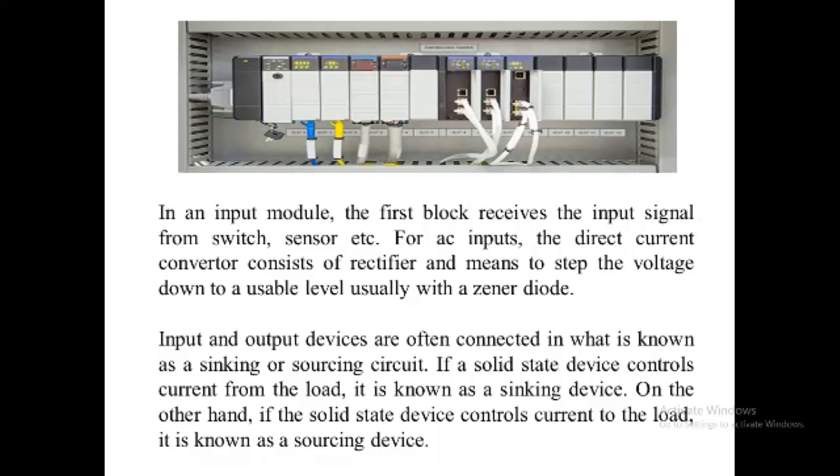See here, in the former case, the load is connected to the negative side of the power supply. So what is the negative side of the power supply? Basically, it means the devices which are to be controlled.